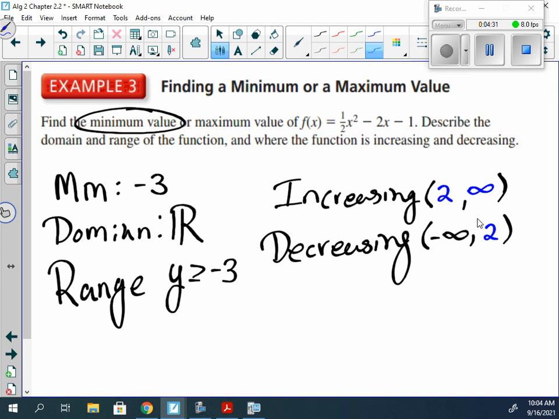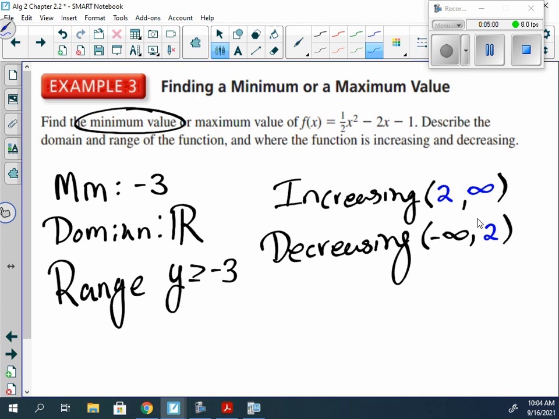But when we just look at the graph, we can see it is going down all the way to 2, and then from 2 to infinity, it is increasing. Questions on this here? We good with this here?